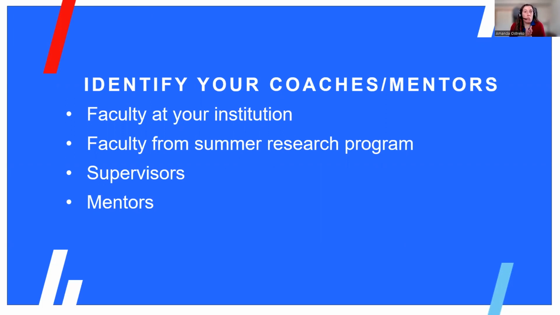There also could be a supervisor that you've really connected with, and you see that person as your mentor who can guide you through that graduate school application process. There might be others too. There could be classmates that you've come across who have the type of experience that you found to be really valuable, and that person can give you some good advice on the graduate school application process and possibly review some of your materials.